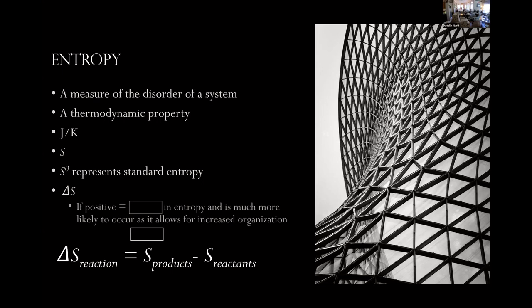So if your change in entropy is positive, it means there's been an increase in your entropy and it's much more likely to occur because it allows for increased organization. If it's negative, then what do you think has happened to your entropy? It's decreased. Okay, good. Context clues. So the entropy of the products minus the entropy of the reactants gives you the entropy of your reaction in general.